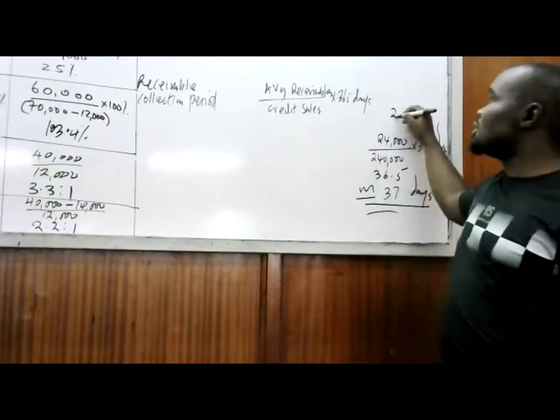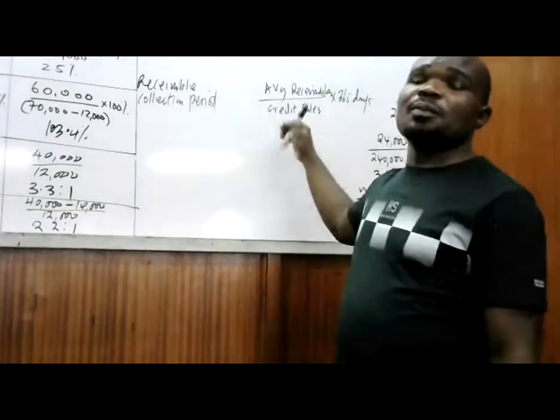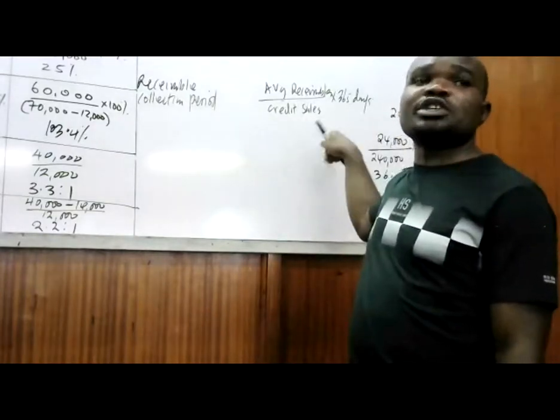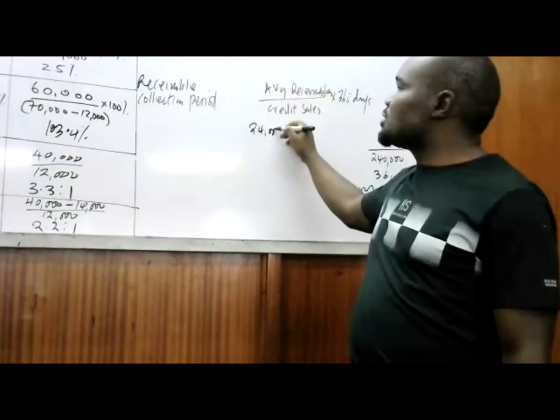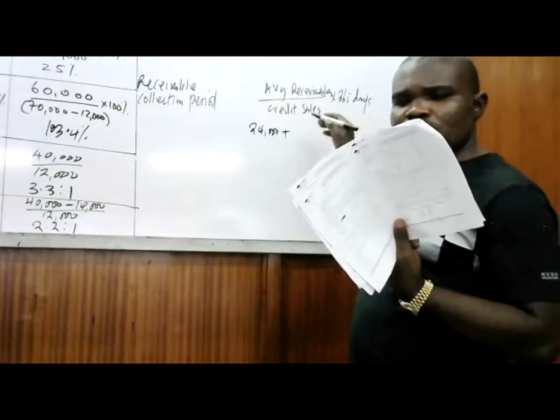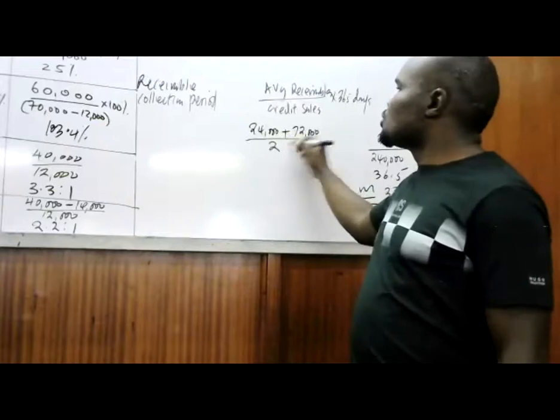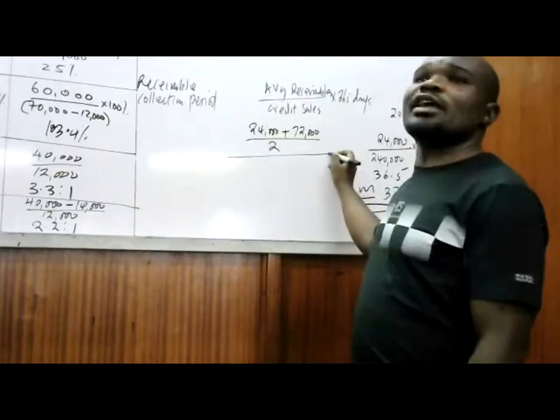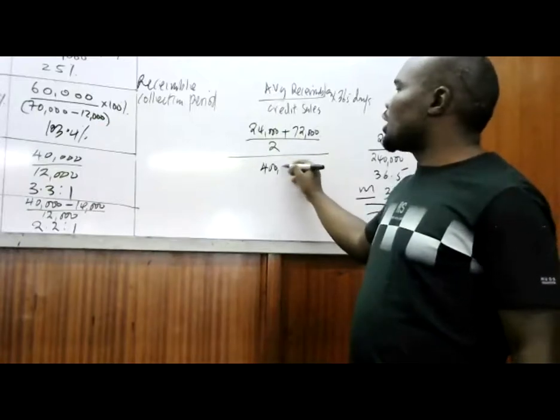So here in the 2019, let's go to 2020. In 2020, the closing receivables in 2019 becomes the opening. So you take that 24 for 2019, you add what? 72. Yeah, you add 72, you divide by 2, then what you get again, you divide by sales, which is 400.